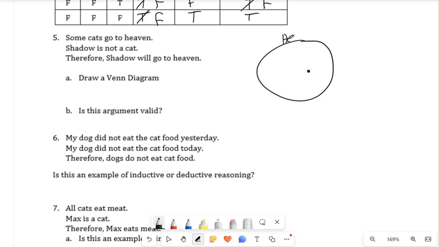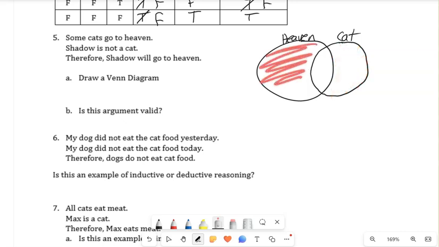So if this is the heaven circle and the cat circle, some of them have to be in the heaven circle and some of them have to be outside. Okay, so here we see the cats that go to heaven. Here we have the cats that don't go to heaven. And here we have everything else that goes to heaven. So Shadow is not a cat.